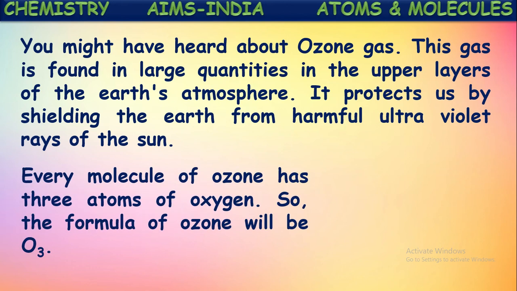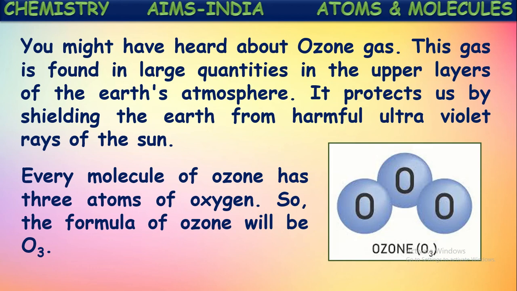Anyhow, here every molecule of this ozone gas has 3 atoms of oxygen. Actually, this ozone gas is also made up of the element oxygen only. But here, 3 atoms of oxygen combine together to form one molecule of ozone. So the molecular formula of ozone will be O3.